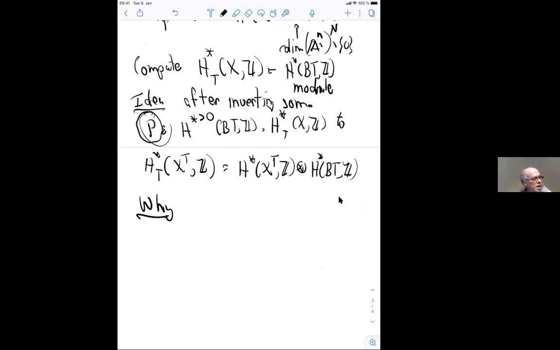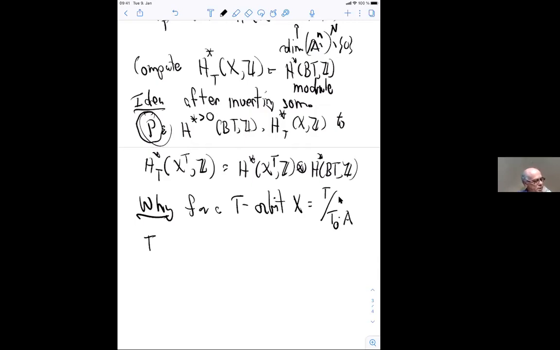So for each orbit type, you get a polynomial you need to invert, and then you just multiply those finitely many together. So for a fixed orbit, let's just say X is a T orbit. It's going to be T modulo some smaller subtorus, and then times some finite subgroup.